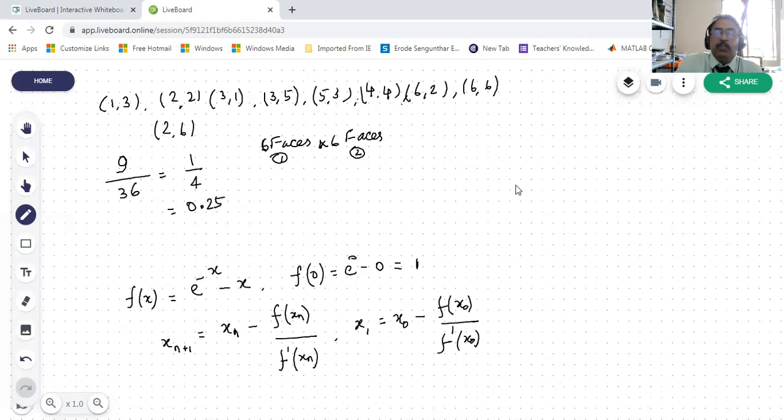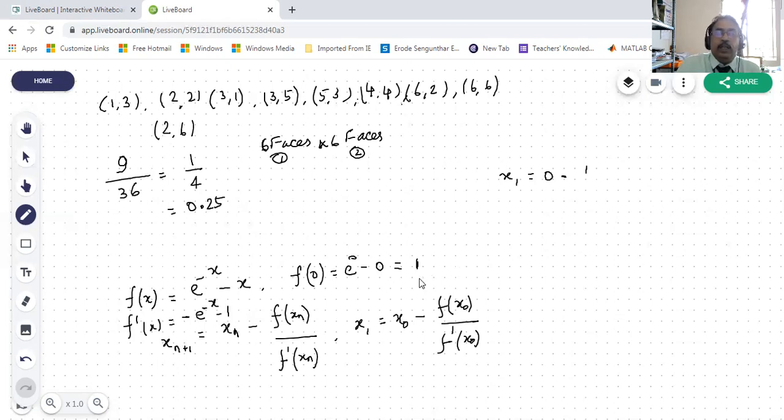What is x1? x1 is equal to x naught, which is 0, minus f of 0, which is 1, divided by f dash of 0. Here f dash of x is equal to minus e power minus x minus 1.